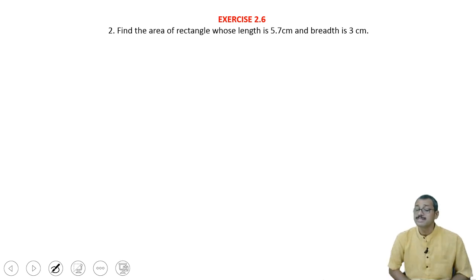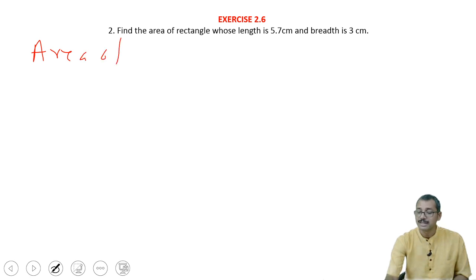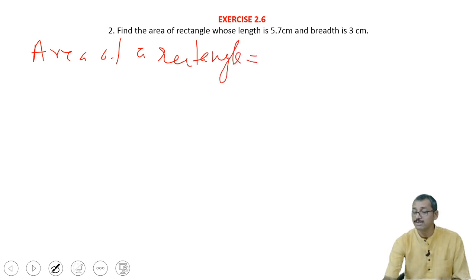Okay, here it is. Find the area of the rectangle whose length is 5.7 centimeter and breadth is 3 centimeter. Let's see. Now a rectangle is given. You know the area of a rectangle. What is the area of a rectangle? Area of a rectangle is equal to length into breadth. Correct?